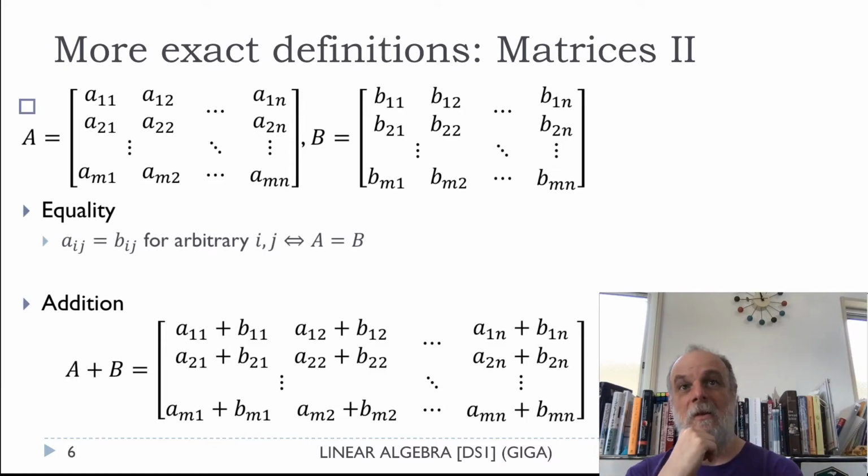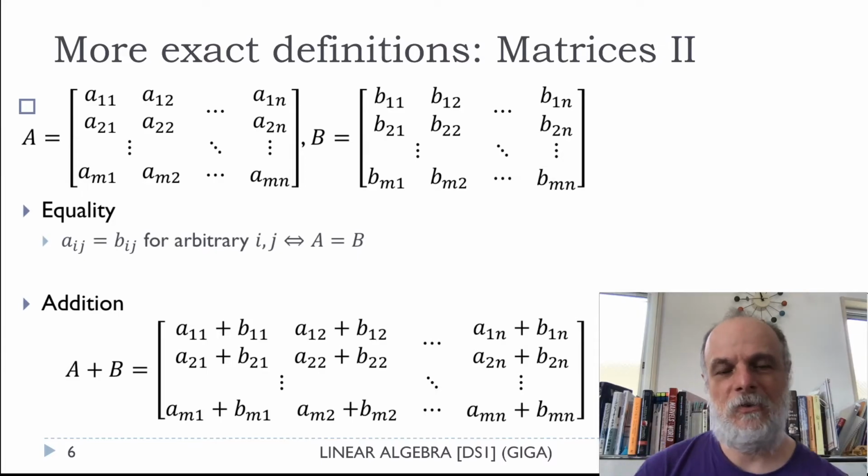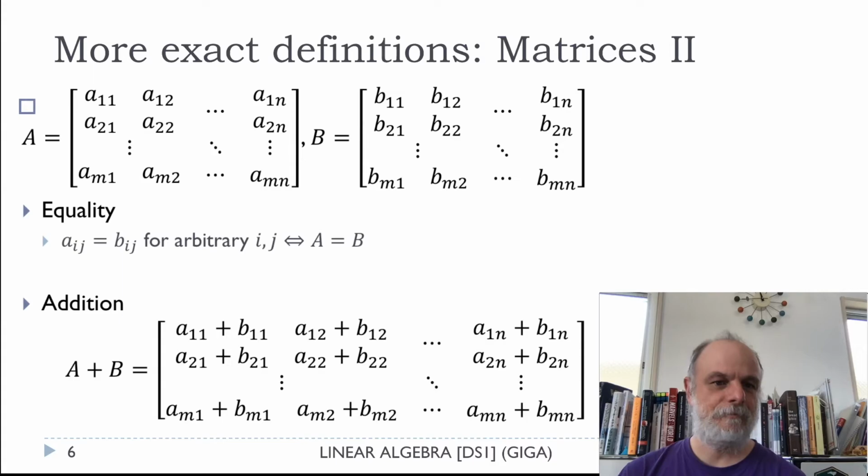Okay. One other thing that we should formalize is 2 matrices are equal when A sub ij equals B sub ij for every i and j in this. So i can be any number from 1 to m, it's your row, and j can be any number from 1 to n, which is the number of columns that you've got.